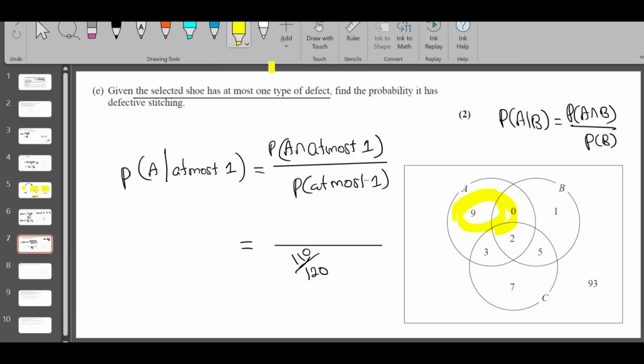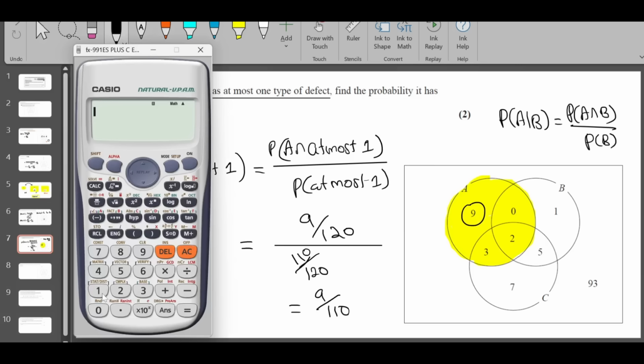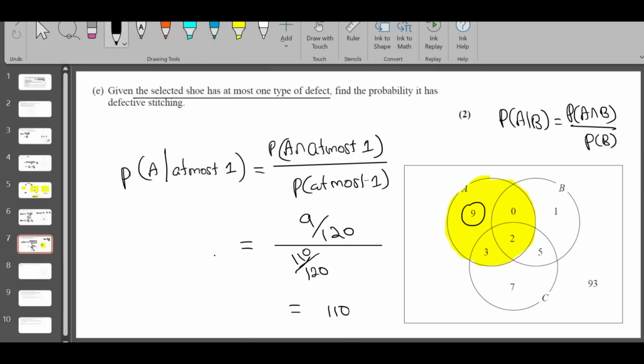A is this whole A. So when they say at most one defect, you need to take the shoes with 1 defect or 0 defect, which is just 9, right? So that's the intersection, 9 over 120. When you cancel 120, you will get 9 over 110. Always put it in your calculator and write the simplified fraction. That's all, it can't be simplified further. So 9 over 110 is the answer here, part E.